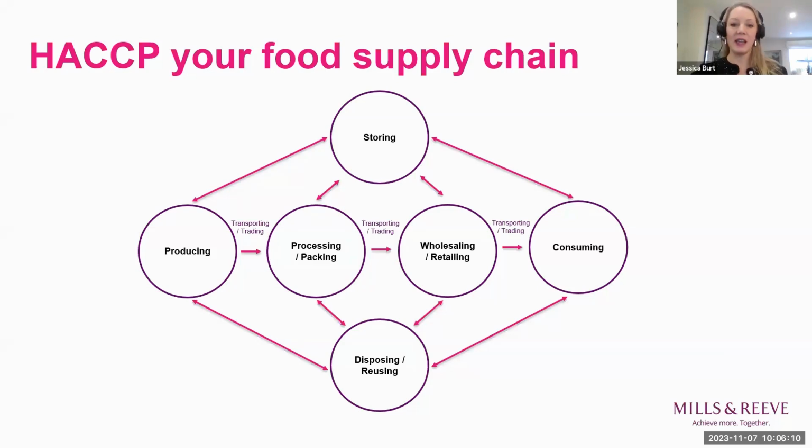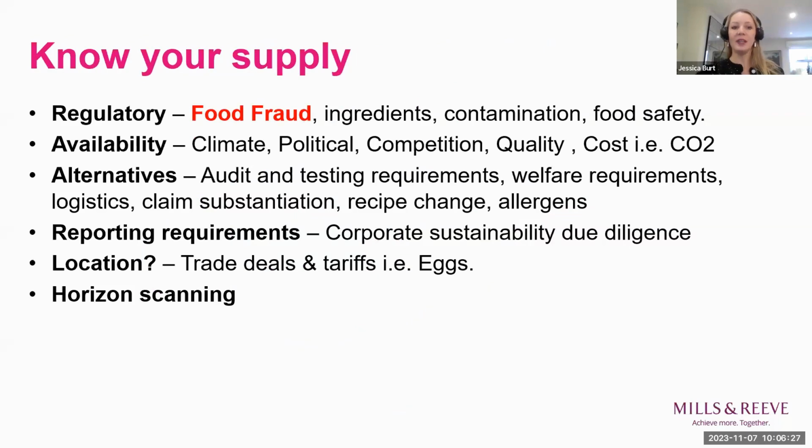So if I run through these very broadly, it will differ according to each individual business, but it will give you a bit of a flavour as to what you might do, handy hints as to how you can manage your own supply chain in this way. So looking at the initial point of the supply.